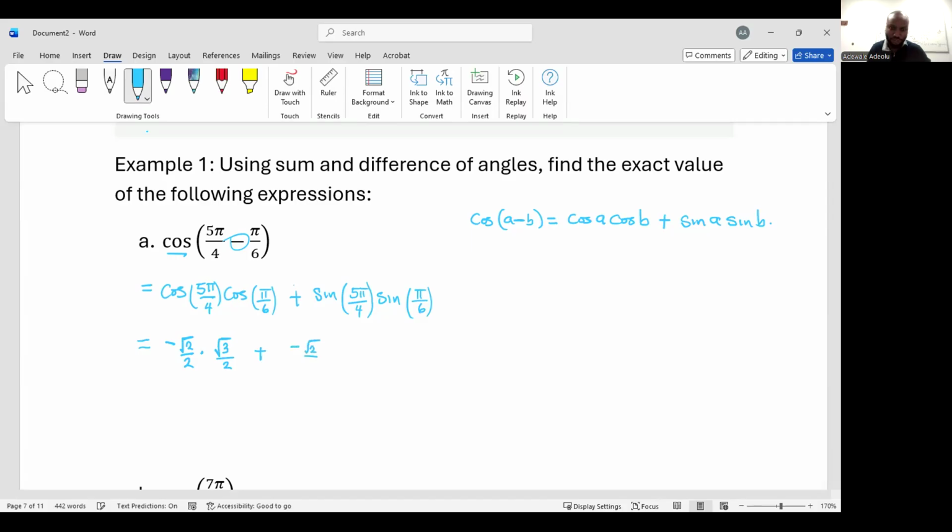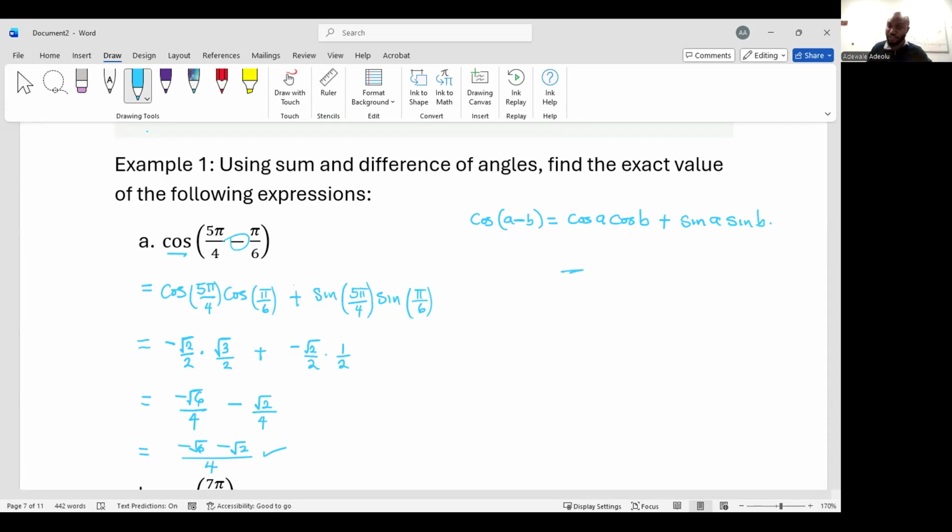So that is also negative root 2 over 2 times sine of pi over 6, that is 1/2. So that is equal to negative root 6, you can multiply radicals like that, divided by 4, plus times minus, minus, root 2 times 1, root 2, divided by 4. So this is negative root 6 minus root 2 over 4. I can leave it this way.